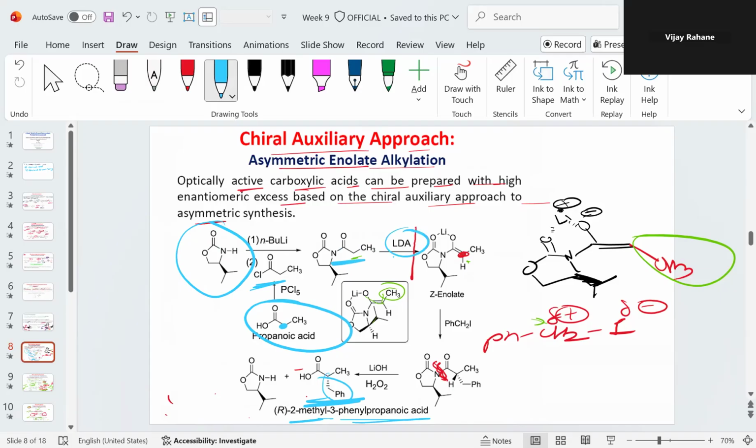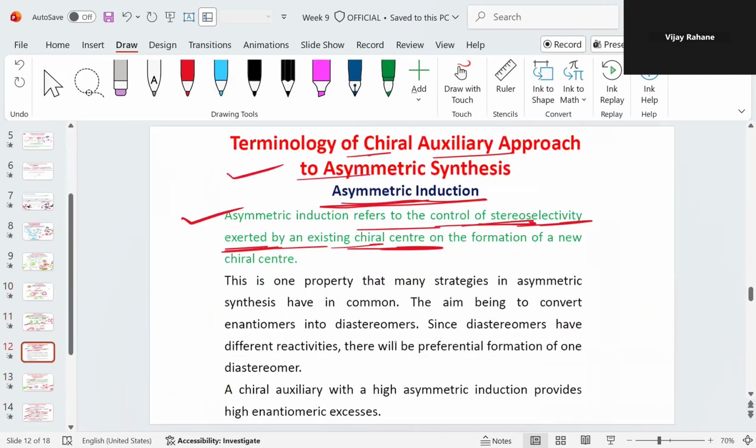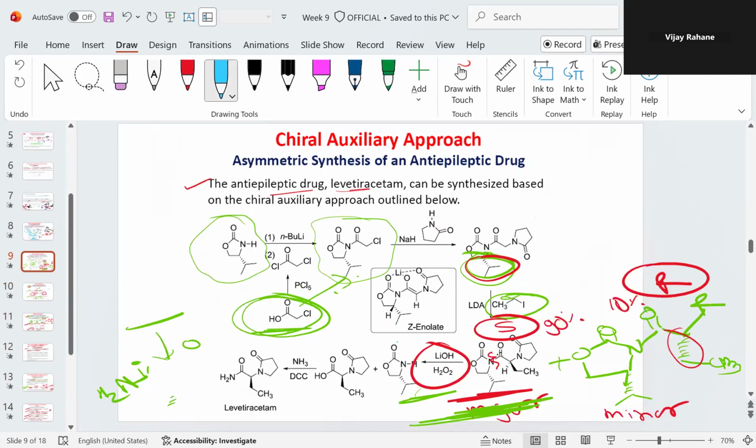When you add the LDA, it forms the Z enolate as a major product because of these transition states, followed by the asymmetric induction step.